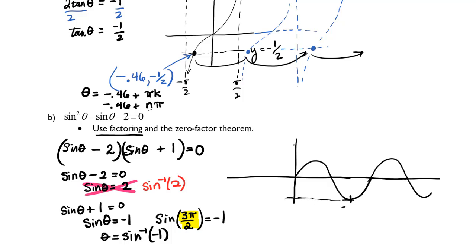And I would say that that happens every 2 pi, which means that I can say that my solution theta is equal to 3 pi over 2 plus 2 pi k, and assuming that k is an element of the integers.